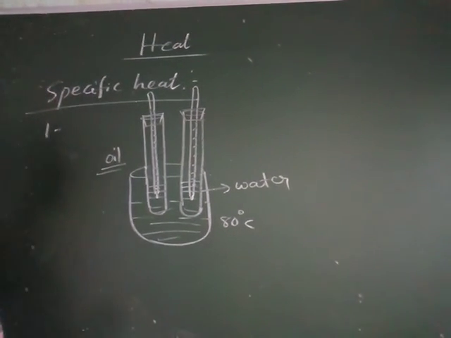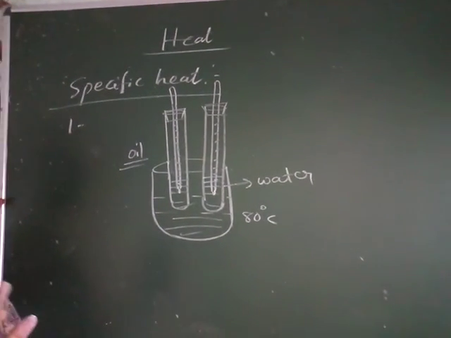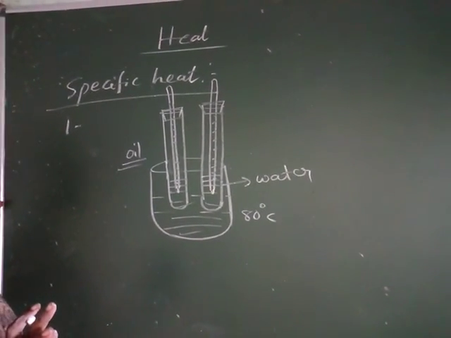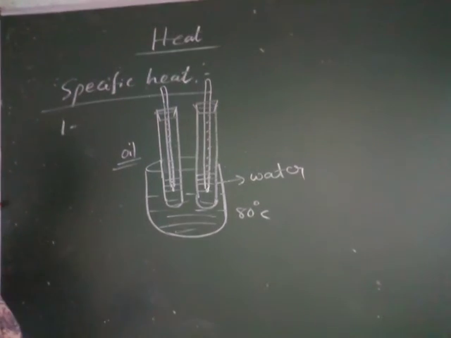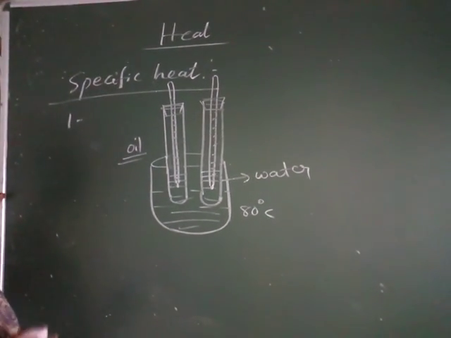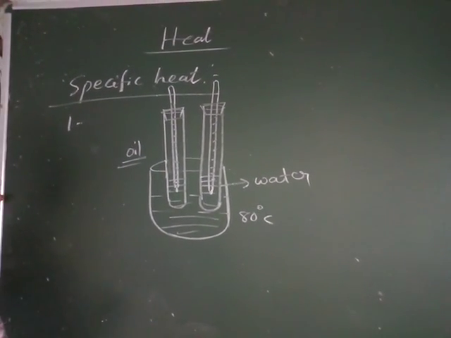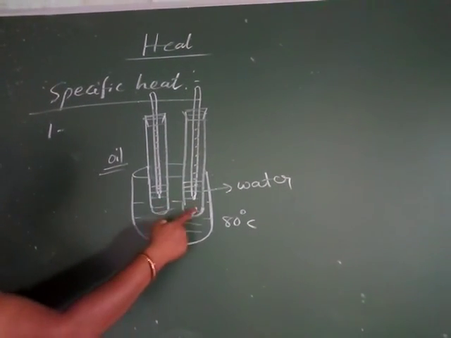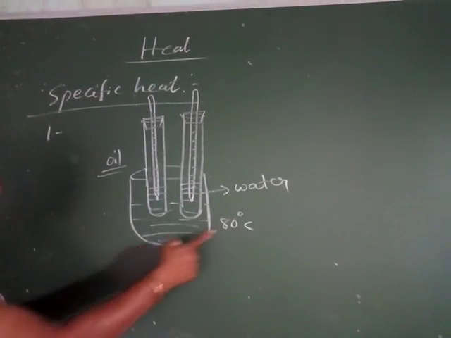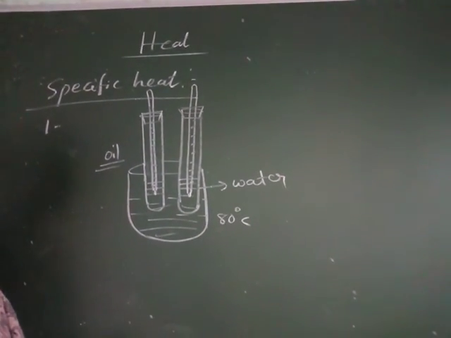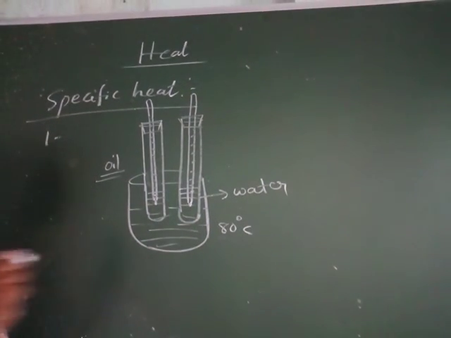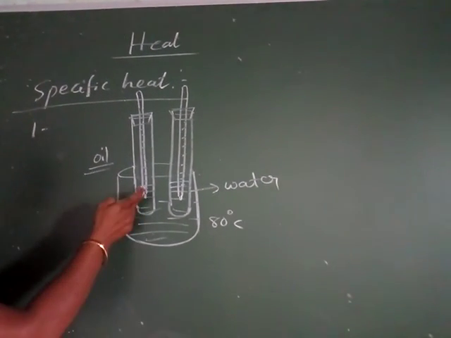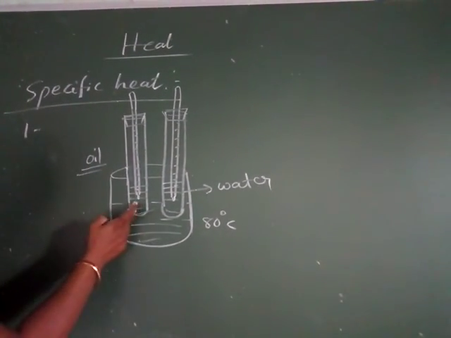But we may think the two thermometer readings rise by the same measurement. Many children think like that. Why? Because the two test tubes are in 80 degrees Celsius water. Heat flows from the hotter body to the colder body.